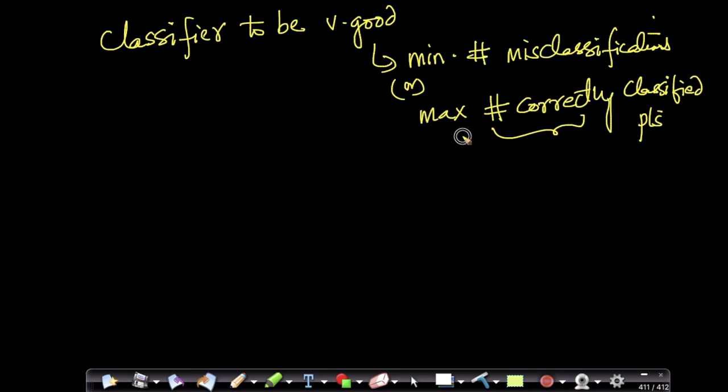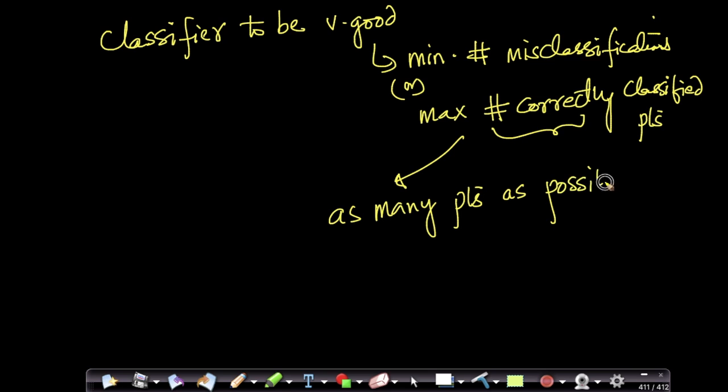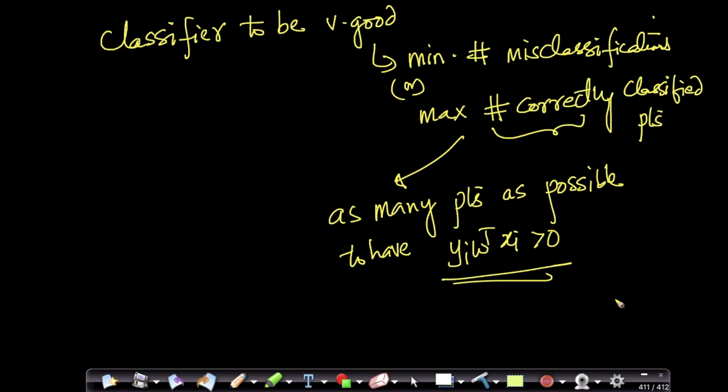So eventually, you want to maximize correctly classified points, which means you want as many points as possible to have yi w transpose xi greater than 0. You don't want it to be less than 0.